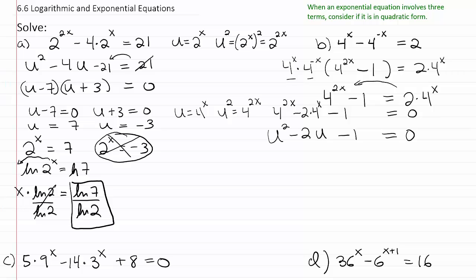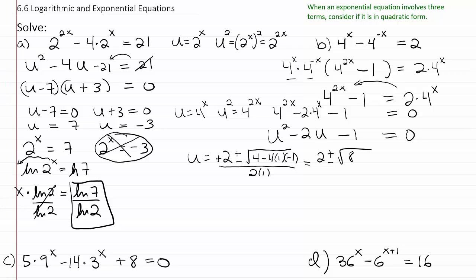So no big deal. The quadratic formula would be that u is equal to negative b, or in this case, negative 2 or positive 2, plus or minus the square root of b squared. The b term squared would be 4, minus 4 times the a term times the c term, all over 2 times the a term, or just 2 times 1. All right, that'll end up giving you 2 plus or minus the square root of 4 plus 4, right? Because negative 4 times negative 1 is positive 4.